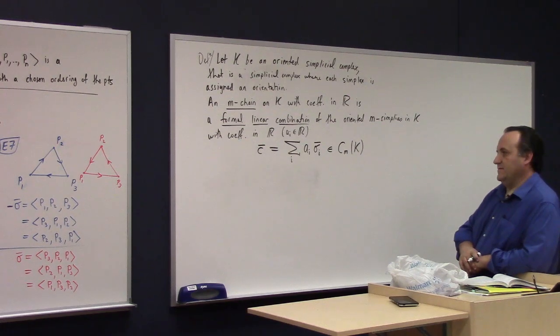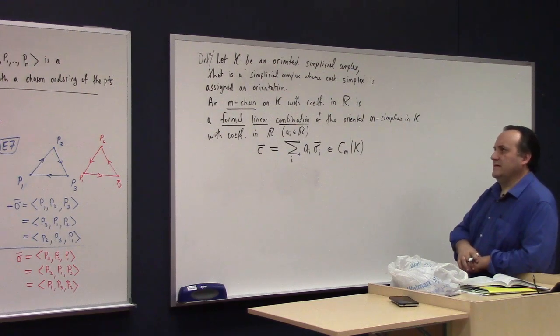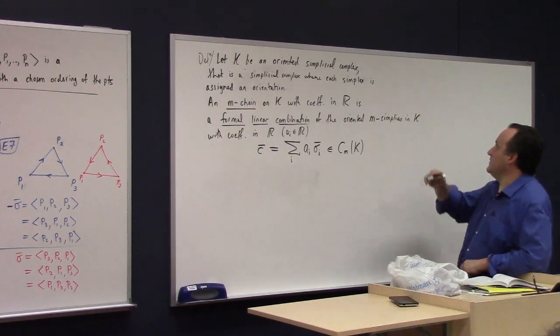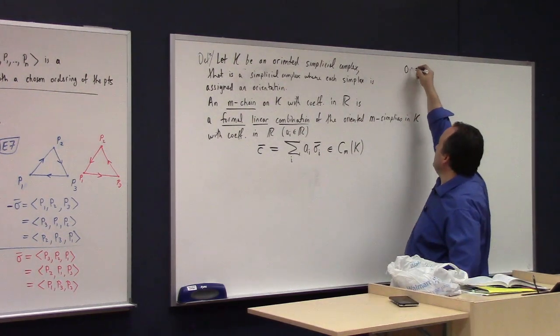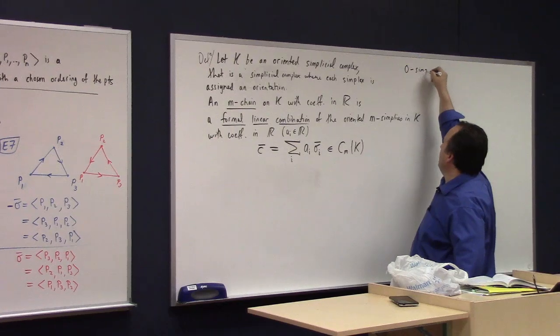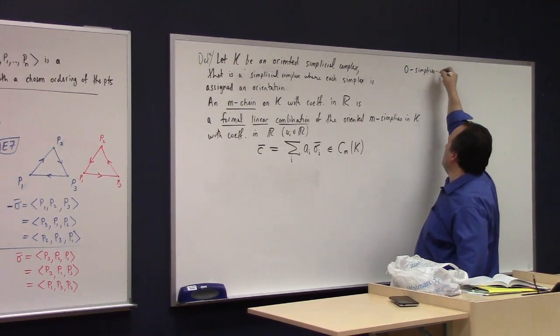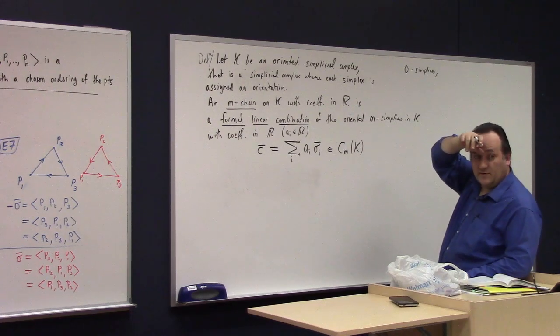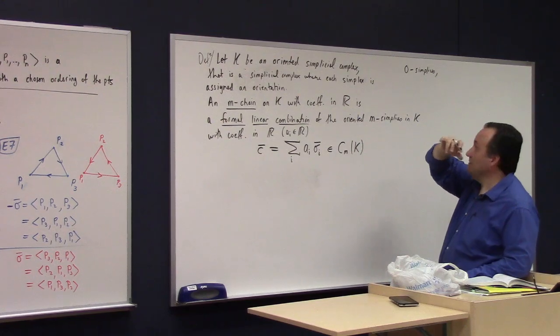This will become more clear what we mean by formal linear combination as we work examples, but think of it this way. Suppose we're talking about 0 simplices, for the sake of discussion, which is essentially the vertices which appear in the oriented simplex, right?